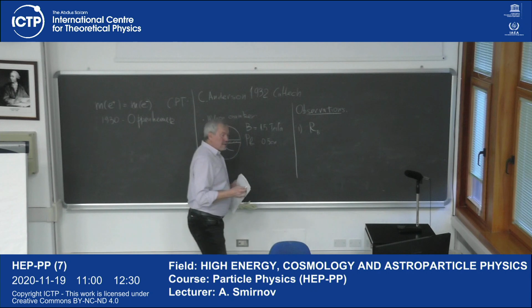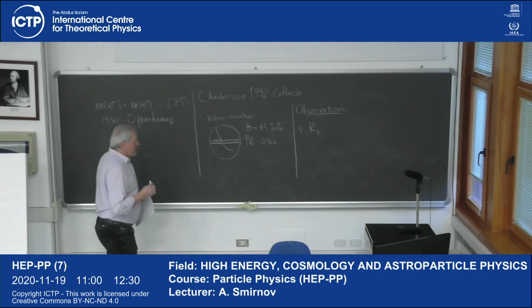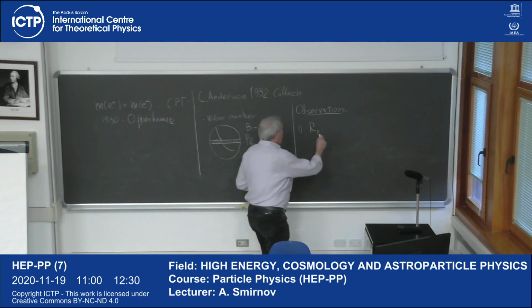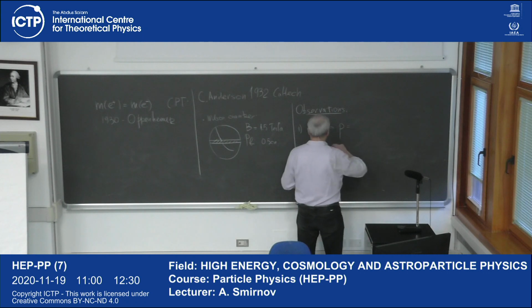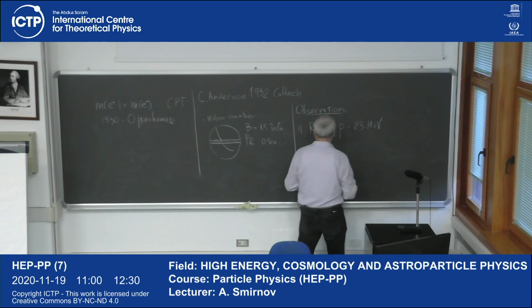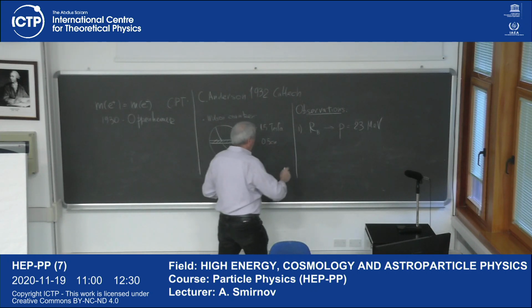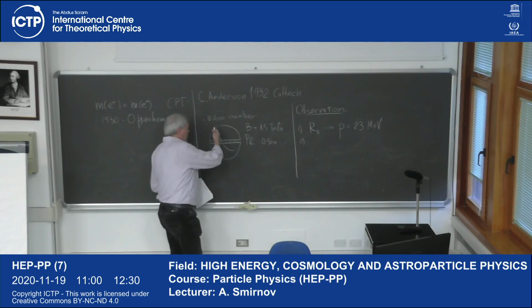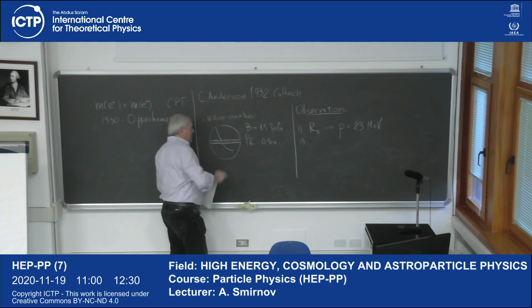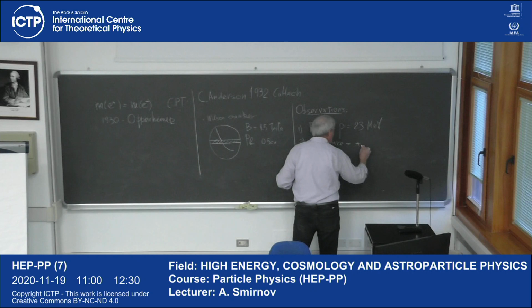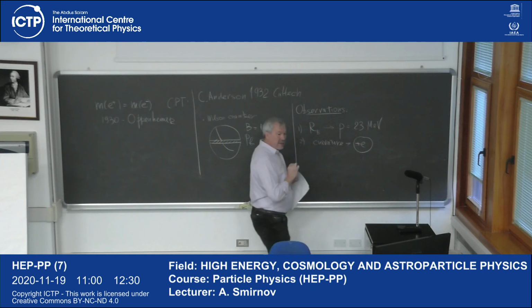And knowing the Larmor radius and the field B, and assuming the charge is 1, one can find that the momentum of the particle is 23 MeV/c. Second, he observed that the curvature is in this direction, which actually corresponds to a plus e charge, a positive particle.